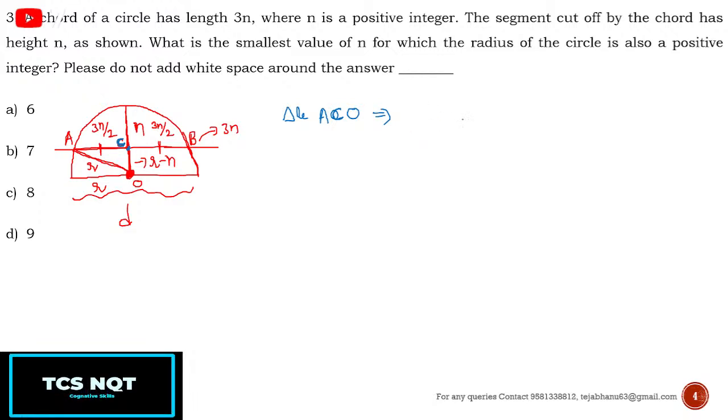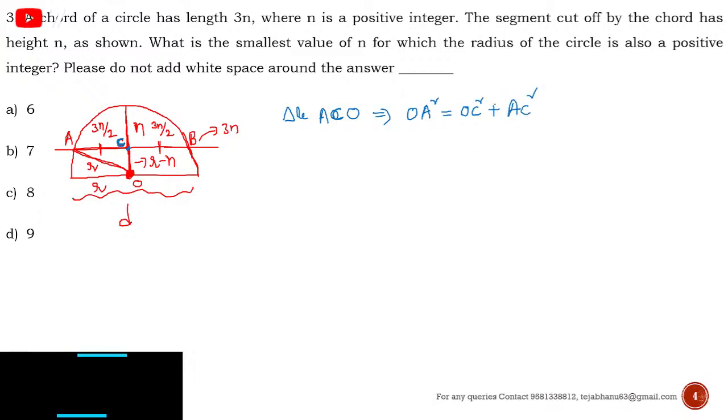From the right angle triangle, from the Pythagoras theorem, what can we say? Hypotenuse square, OA square, is equal to OC square plus AC square. Hypotenuse square is equal to side square plus side square.